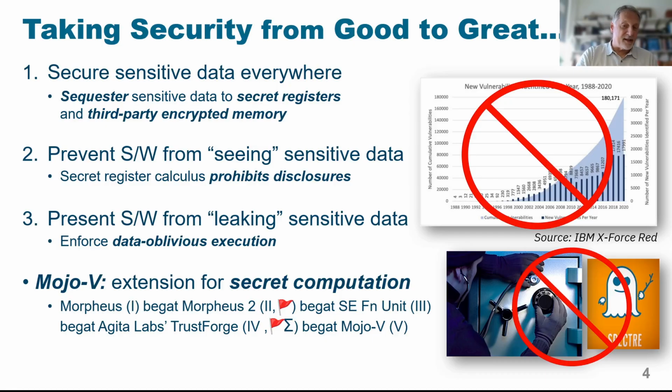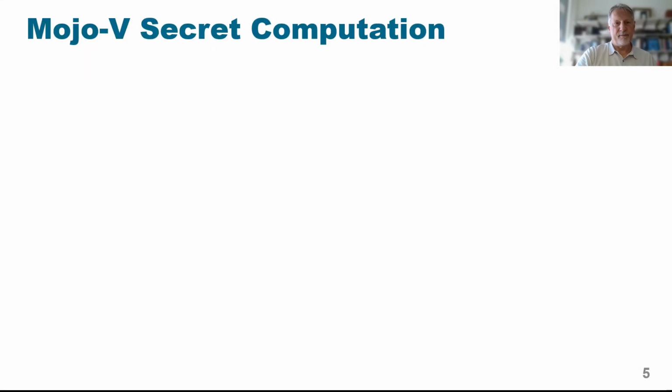And then that technology was both red teamed as well as formally verified. So in Mojo-V, we really have the end result of all of those previous efforts to generate a very minimalistic and highly secure secret computation capability for RISC-V. So let's take a look at what secret computation looks like to a programmer.